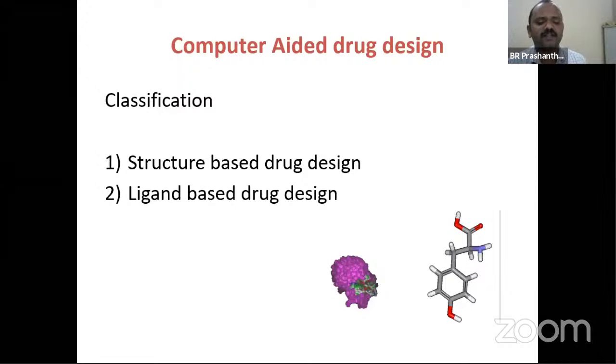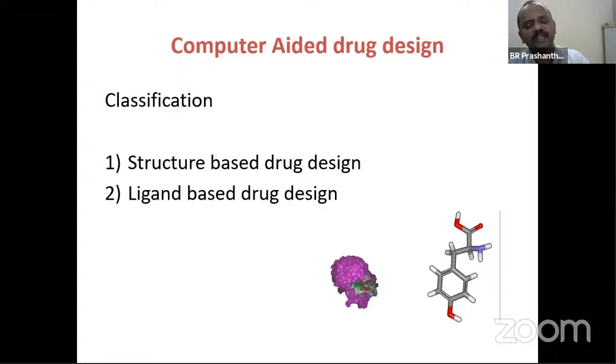So in that case, we can use ligand-based drug design. It is just like if you have lost the key and you go to the key maker, who comes with a bunch of keys, and with those keys he tries to design one key that can fit into that particular lock.